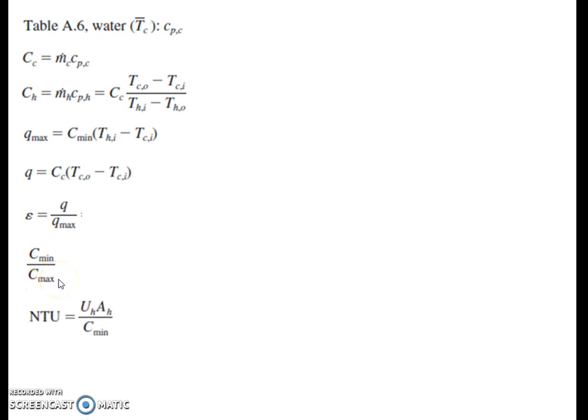From the capacity ratio, we go through the unmixed chart to calculate the NTU. From the NTU, we can calculate the area of the hot pipe, because the question is looking for the area, where the overall heat transfer coefficient is provided as 100 and the C minimum we identified by using the energy balance and the capacity formula.